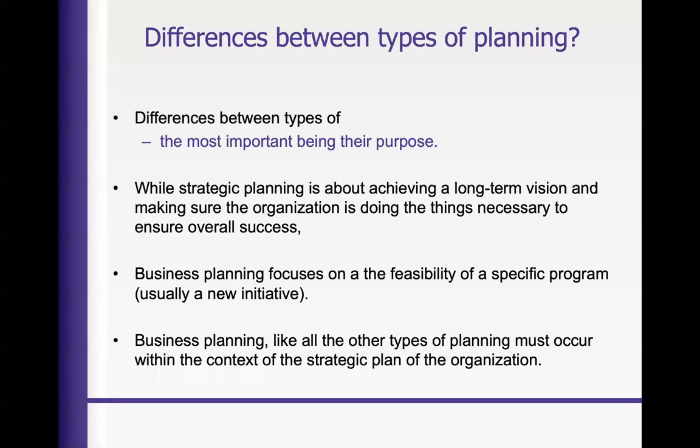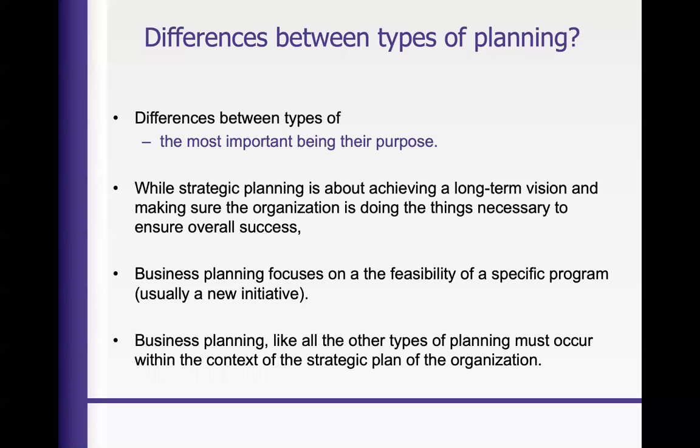There are many different types of planning, and the difference between them is their purpose. Strategic planning, which we're talking about today, is about achieving a long-term vision and making sure the organization is doing the necessary things to ensure overall success in getting to that long-term vision.